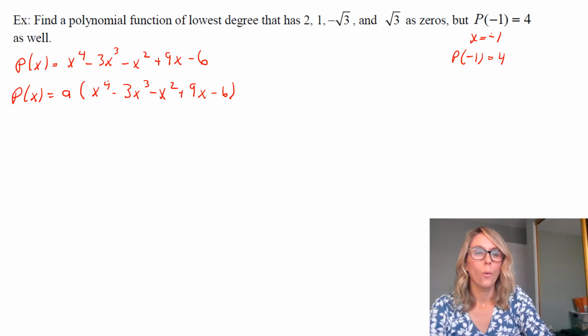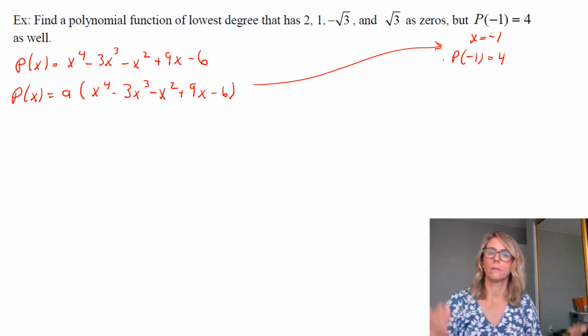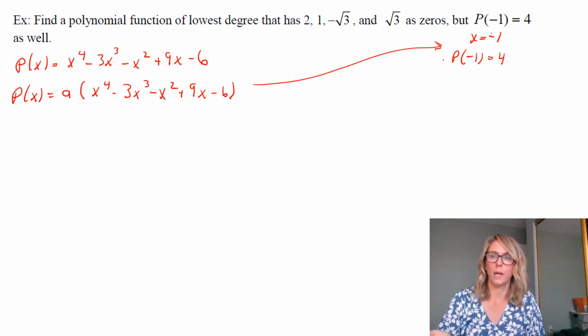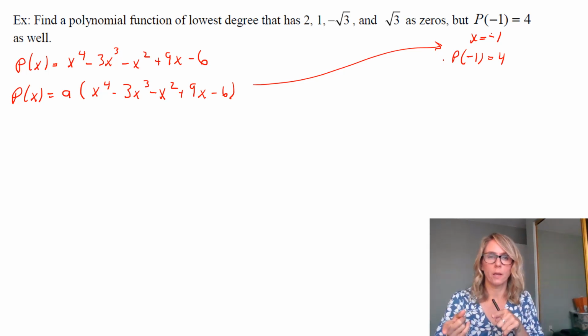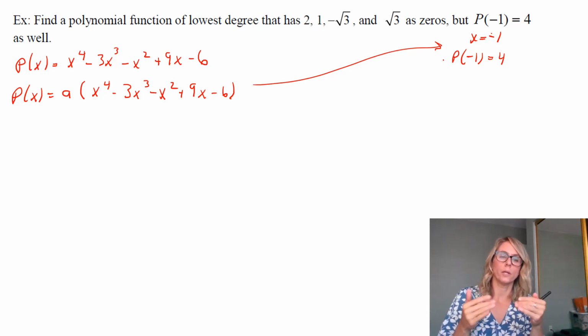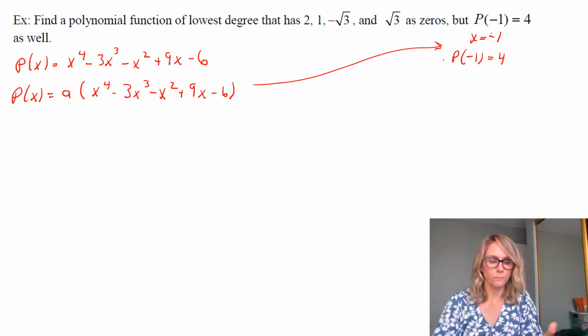So we need to find what a is when we have this point on this polynomial, that when x is -1, y is 4. So input is -1, output is 4. And we can just put those values into what we have here to solve for a.